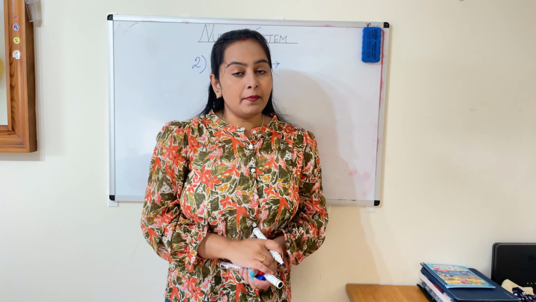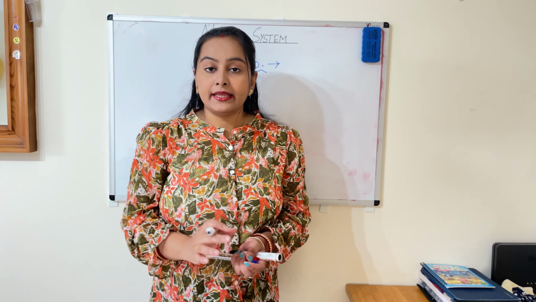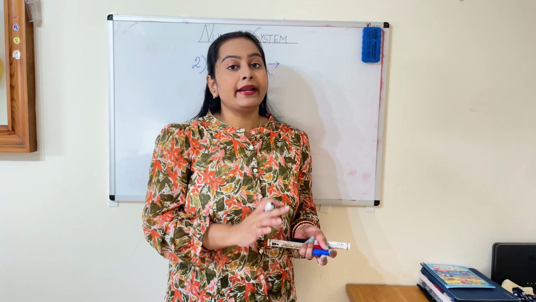Now let's talk about the next one, that is odd numbers. So what is an odd number? An odd number is basically a number that cannot be divided by 2.